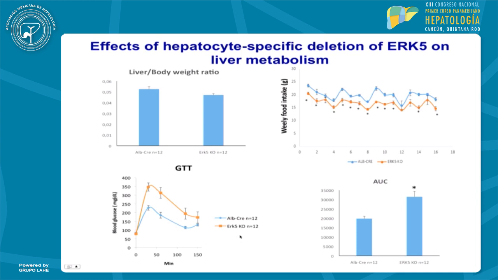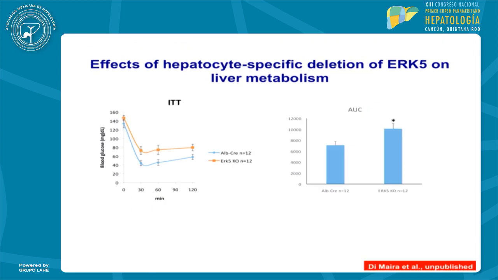And this would mean that ERK5 is implicated in insulin sensitivity, because if you delete it, and specifically from hepatocytes, you will observe higher levels of glucose. And this is also confirmed by the insulin tolerance test, where by a single injection of insulin, of course, glucose drops, but drops much less in the mice that have the genetic deletion than in those that do not have the deletion. And again, here the area under the curve is significantly different.